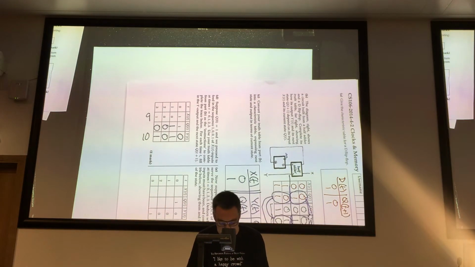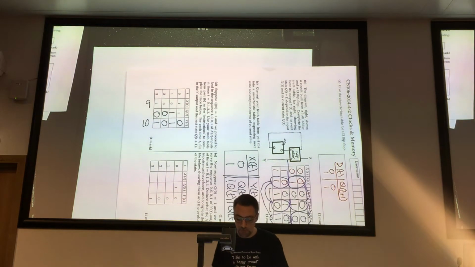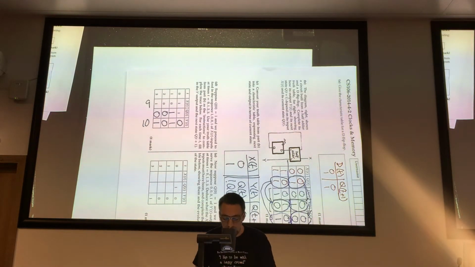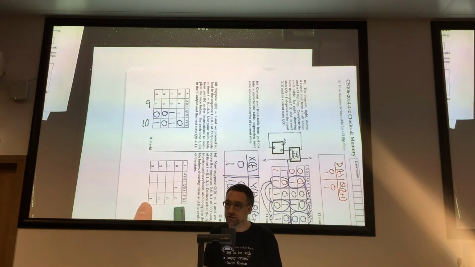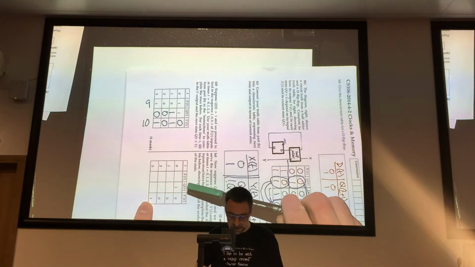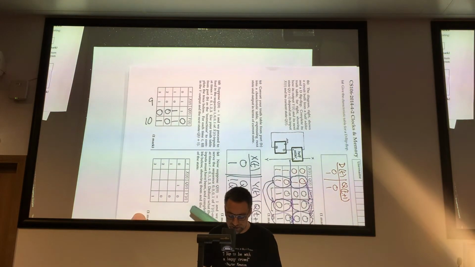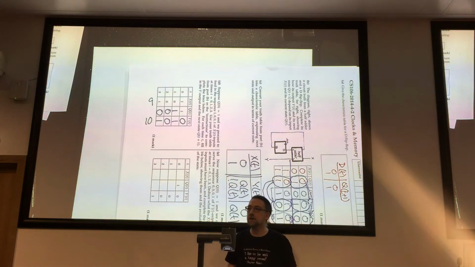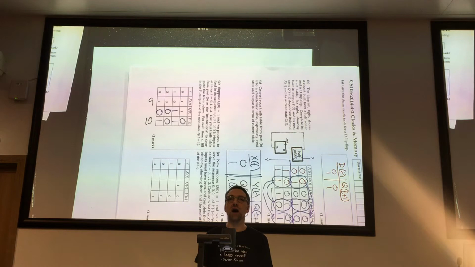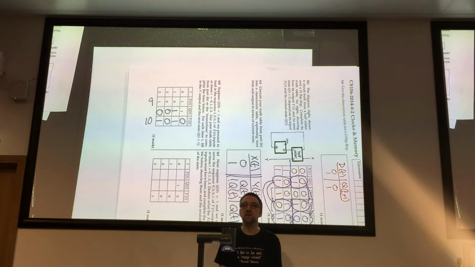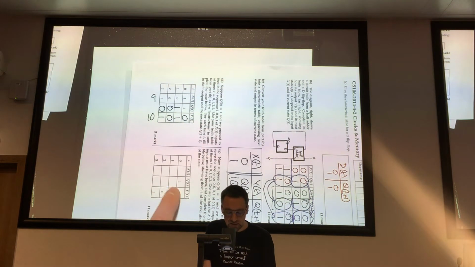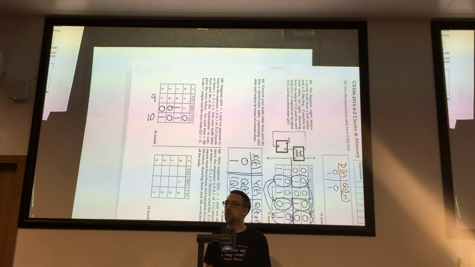Okay, so keeping the page turned sideways, the last part of the question asks you to figure out, given that the initial state of the flip-flop was 1 and the output was this sequence, what must the input have been and what must have been the intermediate states of the flip-flop?